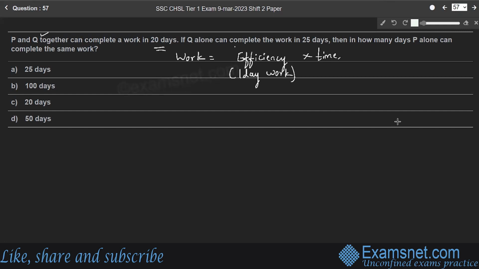So work by time is called efficiency. If you take total work as W, then efficiency or 1 day work you can consider as E, so W equals E into T, right? So consider the case of P and Q. Here we need to find how many days P takes to complete the whole work. Given that Q alone can complete the work in 25 days.